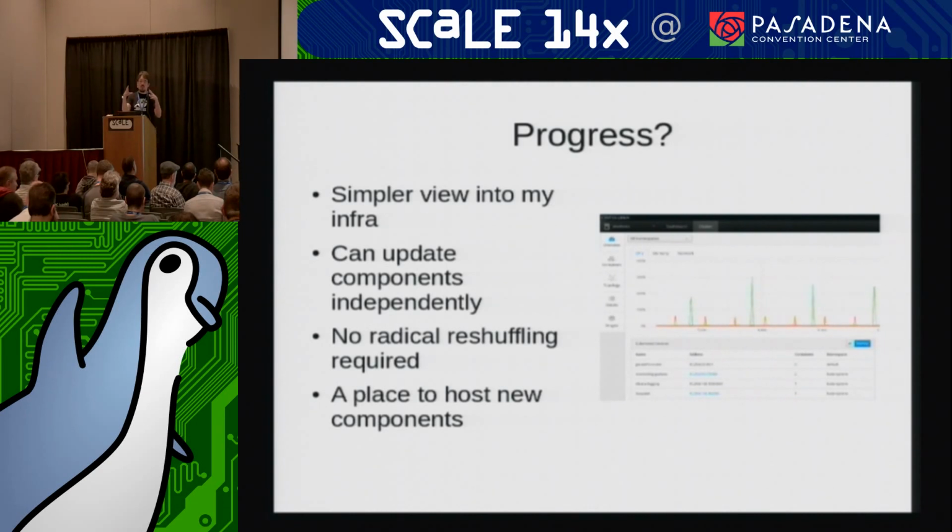Any tool that gives you a view into those workloads now gives me a view into my storage component. The storage is acting as if it's a separate piece when really it is converged onto the same hardware like before. I can do things like update the components independently.